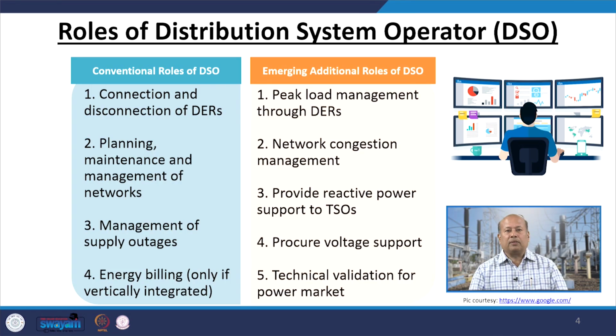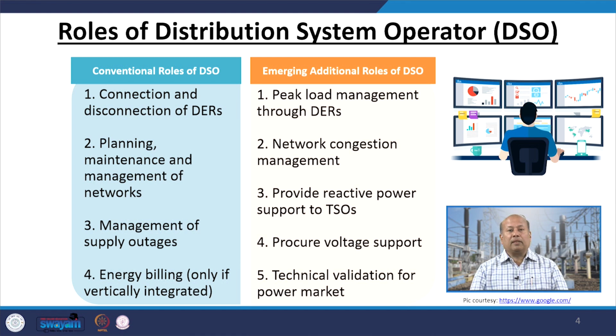Now, currently, there are a few additional roles of DSOs being added, known as emerging additional roles for distribution system operators, in which we carry out peak load management through distributed energy resources. During peak requirement, how the distribution system can manage the peak load using the DERs available in the system. Network congestion management: if you are not able to evacuate the renewable energies due to the limited capability available within your distribution lines, then what kind of congestion management process needs to be adopted.